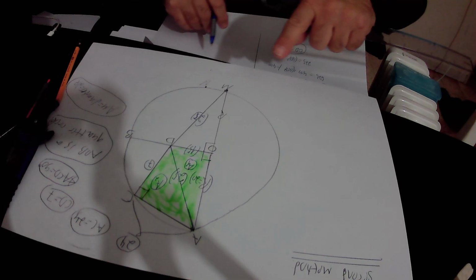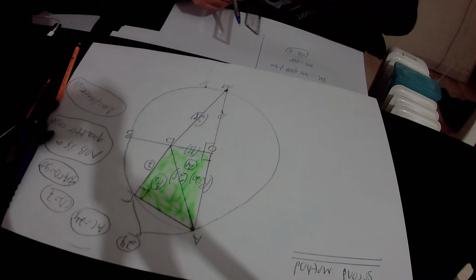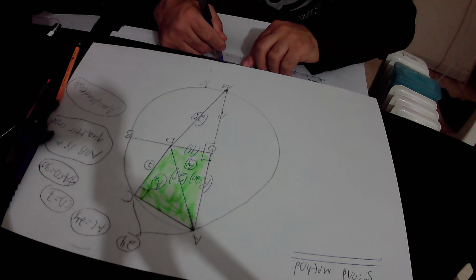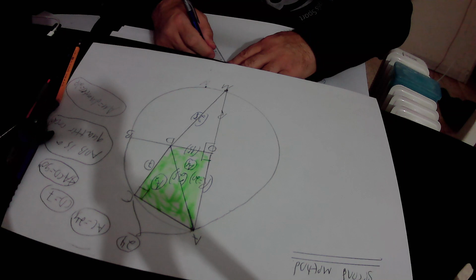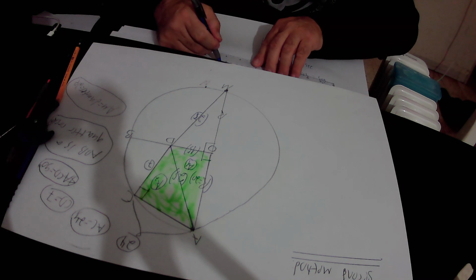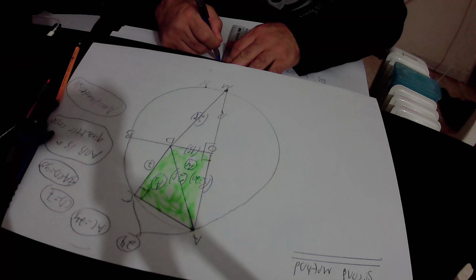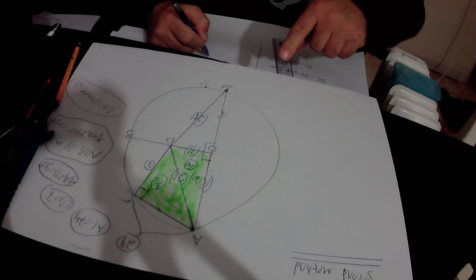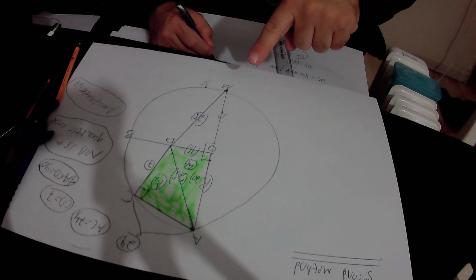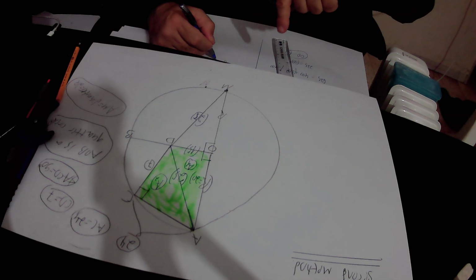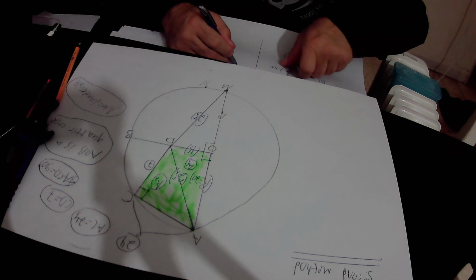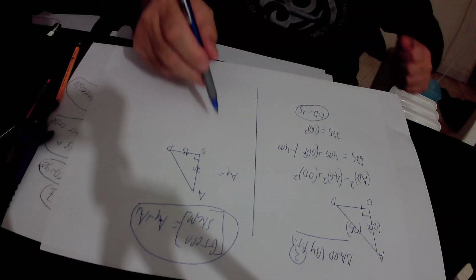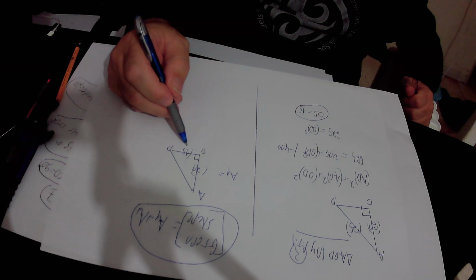Again, A1 is the area of the right triangle AOD. So I'll copy the right triangle AOD here and we'll find the area of this green right triangle. AO is the radius that equals 20, and we just found out that OD equals 15.